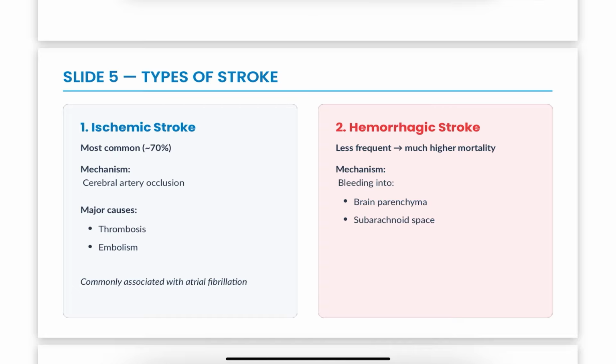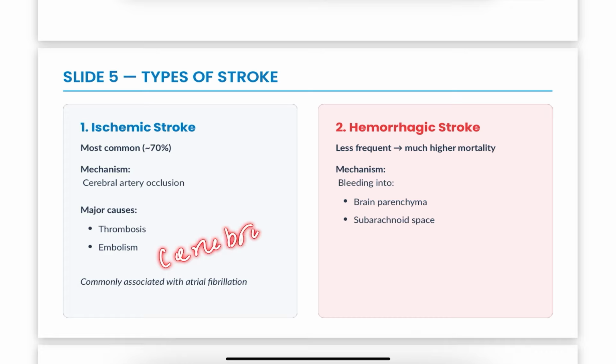Now, the occlusion here can happen because of, for example, thrombosis, which means there is a clot forming in a vessel, or because of embolism, where we have a clot that is traveling from somewhere else and blocking the cerebral circulation.